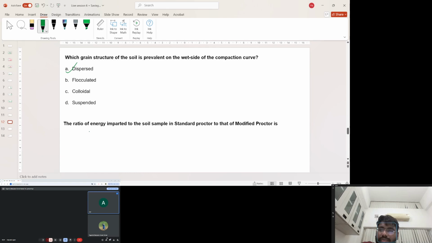So coming to the next part, the ratio of energy imparted to the soil in standard Proctor and that of modified Proctor is. For that we need to understand the specifications of standard Proctor and modified Proctor test.